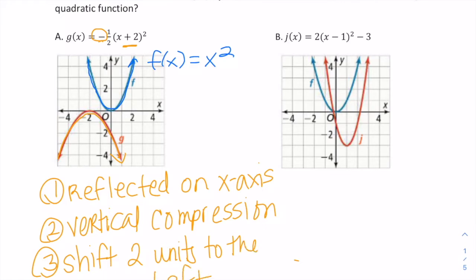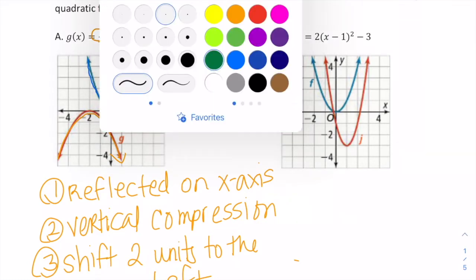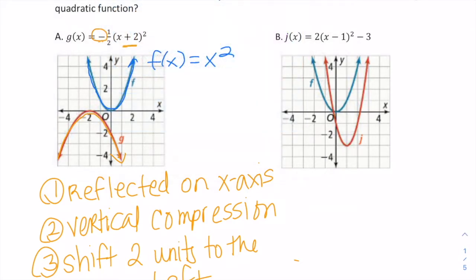Okay, now let's go over to the next one, where j of x is in the orange. Again, we have the blue function is our f of x. And remember, our f of x is the parent function. I'm just going to use a different color just so we can see clearly, but there's a couple things that happen. The first, there's a vertical stretch.